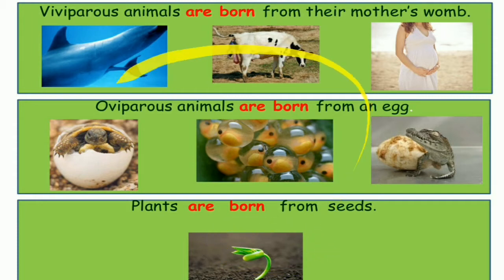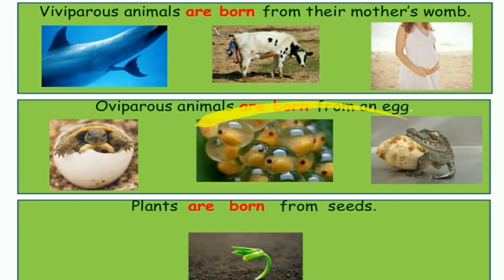So they are all living things, and living things can give birth to young ones, or they can grow. Viviparous animals are born from their mother's womb, oviparous animals are born from an egg, and plants are born from seeds.